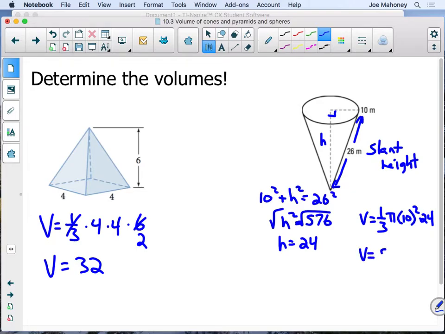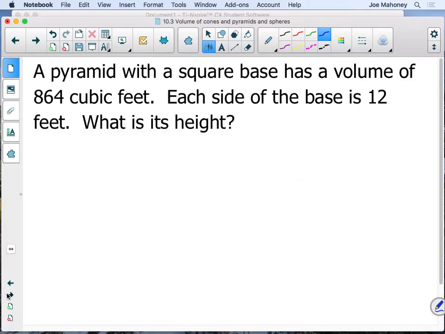So my volume is going to be 800 pi, and I think my units are meters. So that is a huge cone. It's 24 meters high. Oh my goodness. And again, we can leave our answers in terms of pi. That's always acceptable. Take a look at this problem if you'd like. Hit pause again and see how you do.